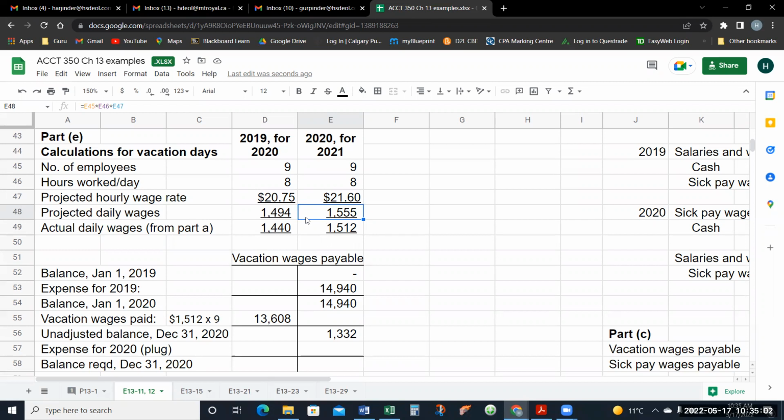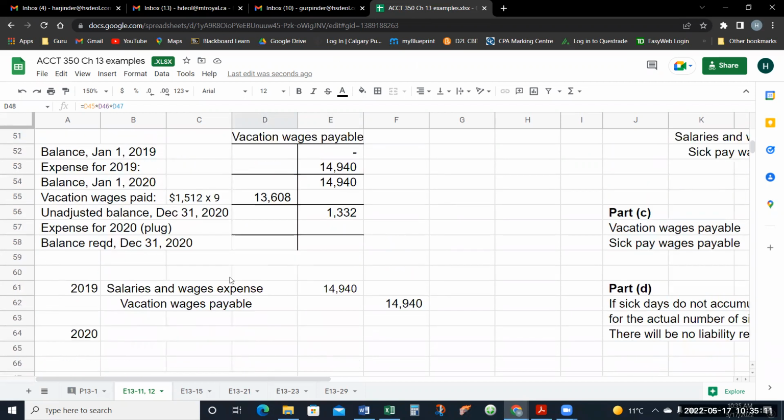And the 1 day that is unused from 2019 needs to be carried at 1,494. So if you do the math there, $1,555 times 10 days, that's for 2020. And then 1,494 times 1 day unused from 2019, our required ending balance for the vacation wages payable liability is $17,046.